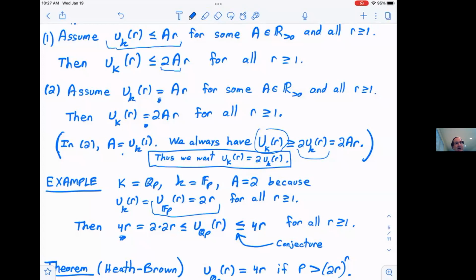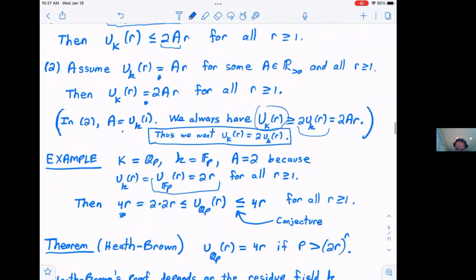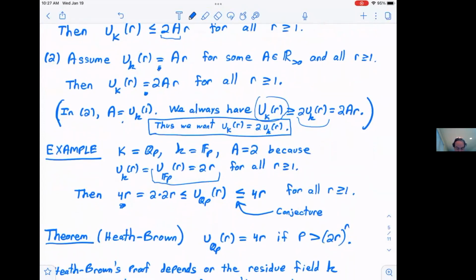In a sense, nothing happened until really around 2010, when Heath-Brown proved the following theorem. When I say nothing happened, I was able to prove quadratic growth in the 1980s, but in terms of the linear growth of these u invariants, nothing happened until 2010.